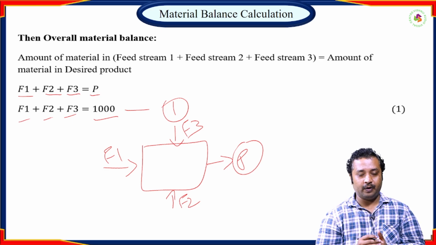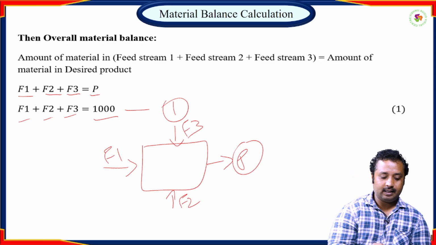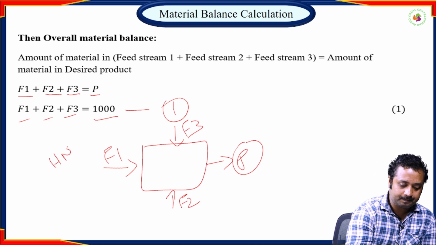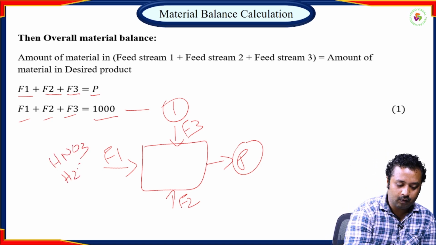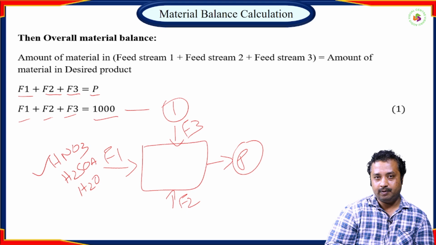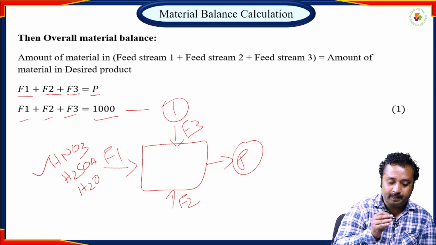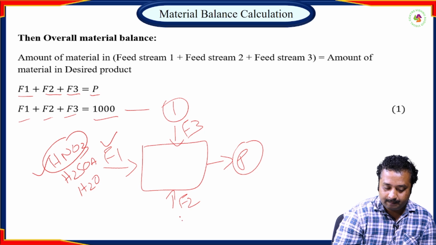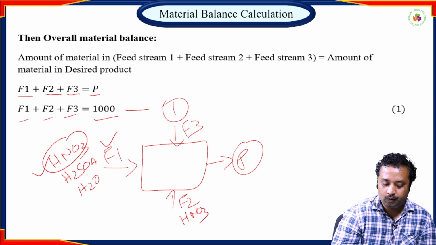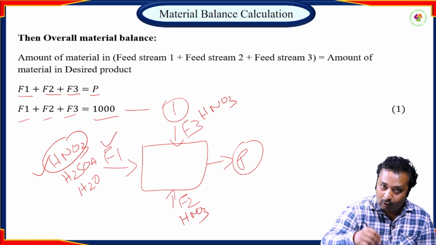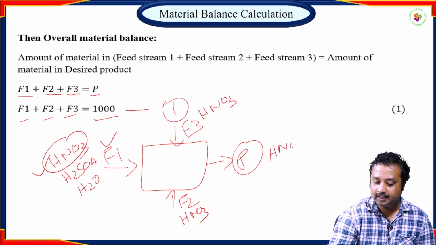Then we consider the component material balance. As we know, in each stream we have three components: HNO3, H2SO4, and H2O. First we will go for the HNO3 balance. The amount of HNO3 in feed 1, plus the amount of HNO3 in feed 2, plus the amount of HNO3 in feed 3 is equal to the amount of HNO3 in the product.